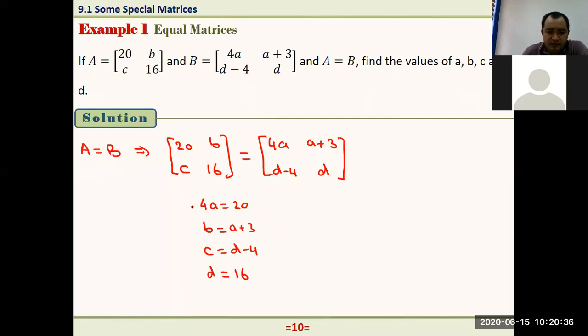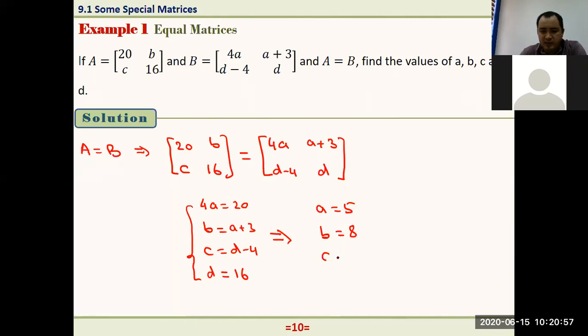Now we need to solve this system of equations together. I mean, we have 4 equations, we have to solve them together. From the first one, a is equal to 5, right? So if I substitute here, I can get the value of b. What is b? It is a plus 3, a equals 5, 5 plus 3 is 8. Done.